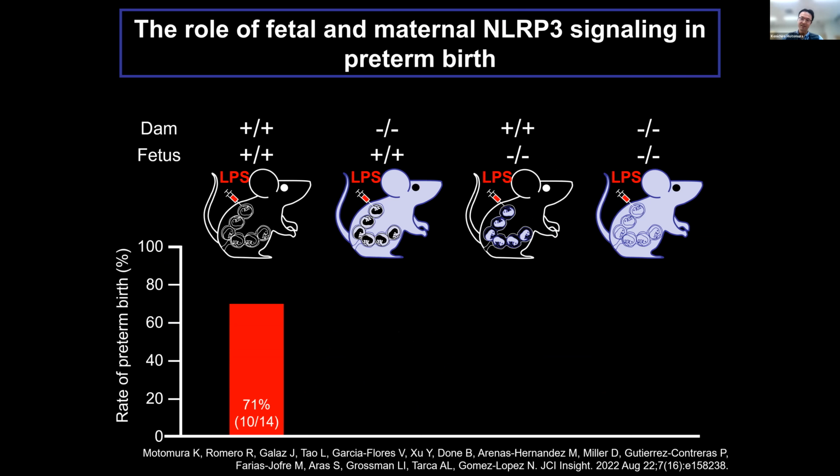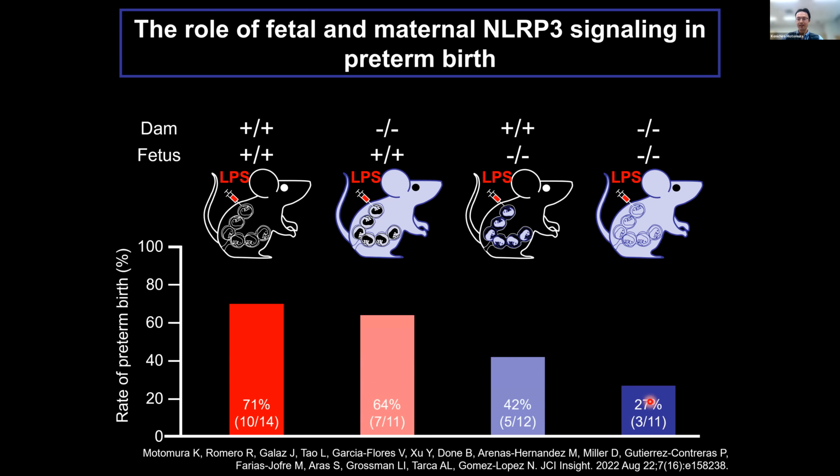And as expected, the majority of wild-type mice carrying wild-type fetuses delivered preterm upon LPS injection. And notably, knockout dams carrying knockout fetuses, only a small number of them delivered preterm.